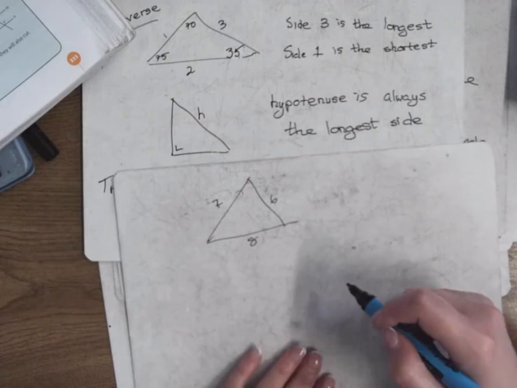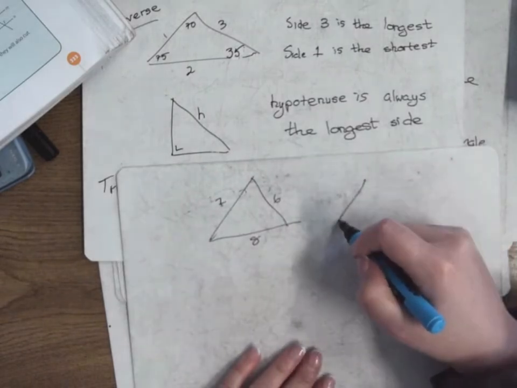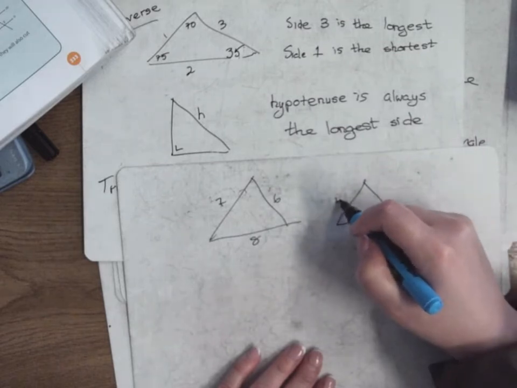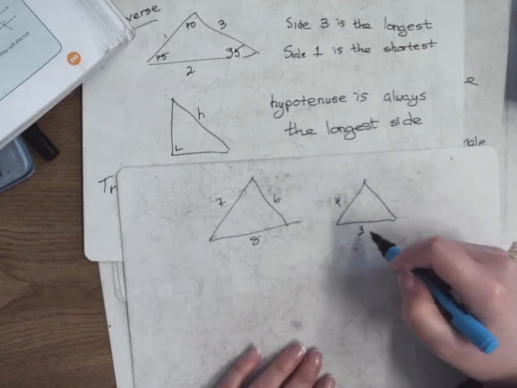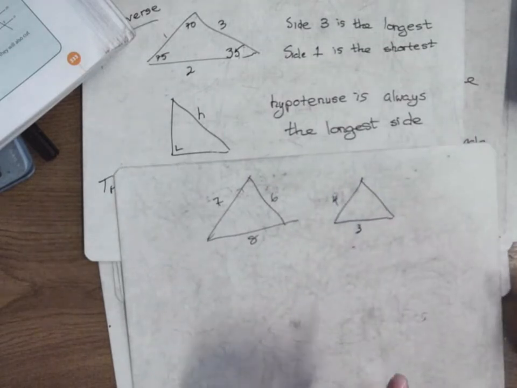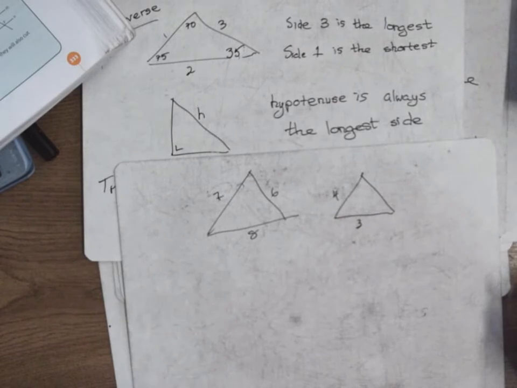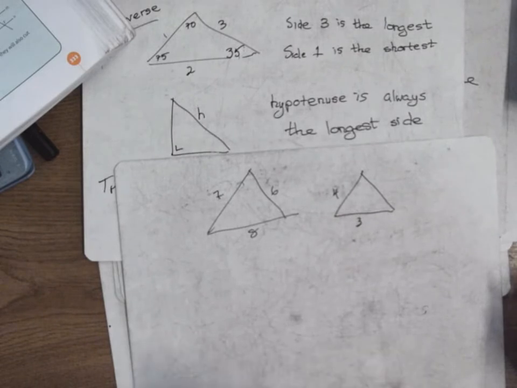So you could use that to say, if this side measures 4 and this side measures 3, the third side has to be less than what? 7, right?